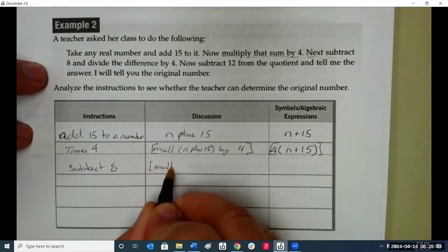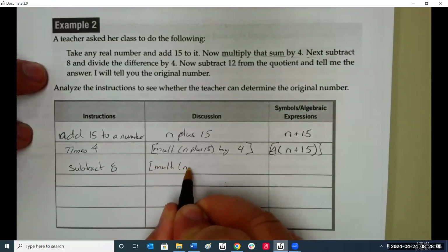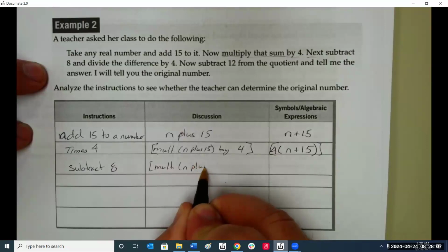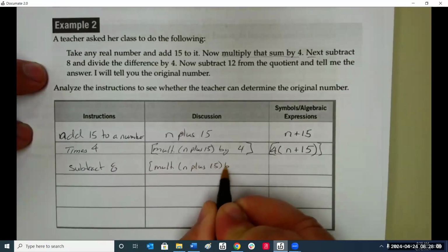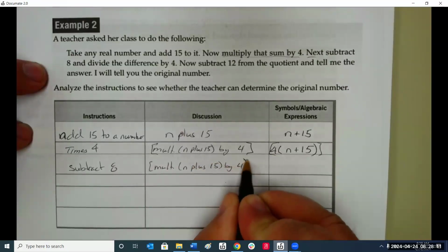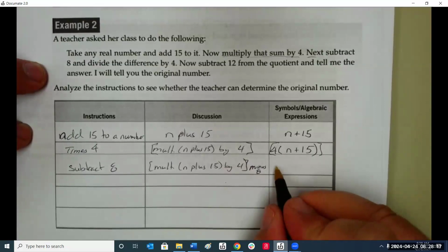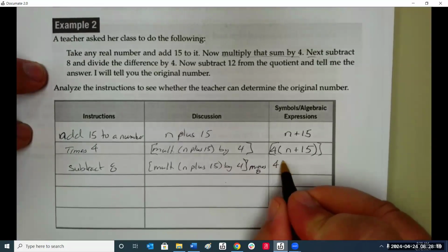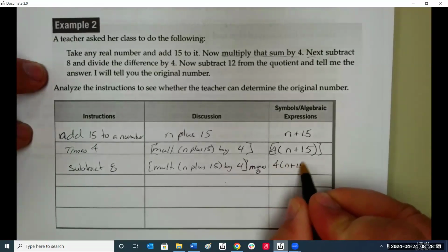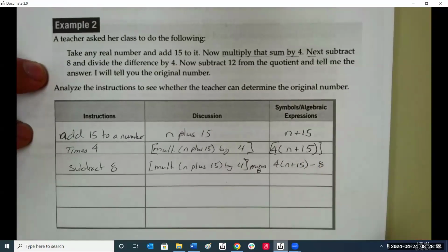So multiply N plus 15 by 4, minus 8. So we have 4 times N plus 15, minus 8.